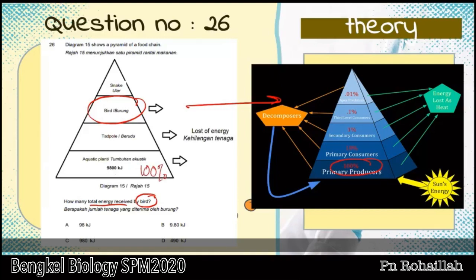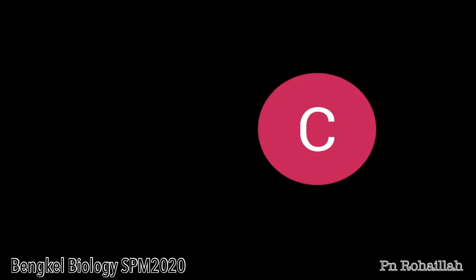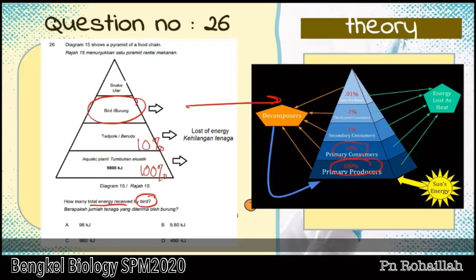And then primary consumer, this is only 10%. Get energy 10%. Another 90% pergi mana? Loss. And then for the bird is only secondary consumer is 1%. And then 0.1%. Kalau ada atas lagi is 0.01%.